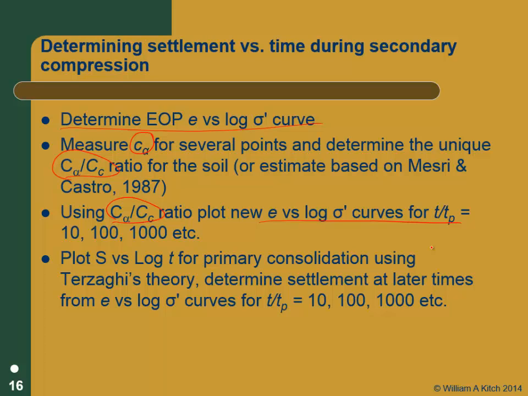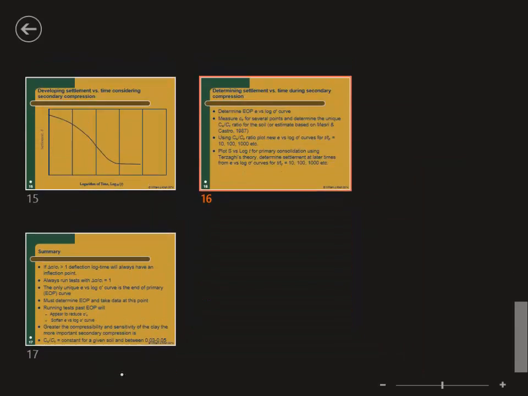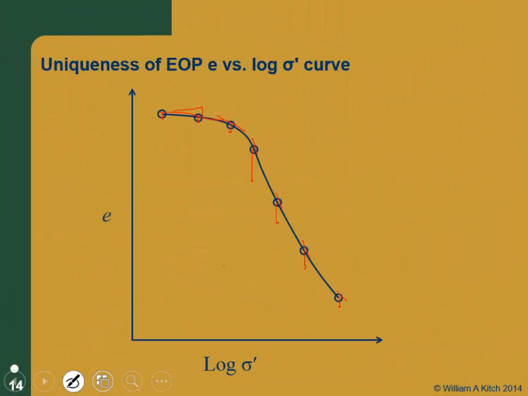And then, so I can come back to my curve here. So I can come back to this curve, and if I know C sub alpha over C sub C, right? If I know this value, and I've calculated my end of primary curve, I can come for a t over t_p equal to 10, in other words, 10 times the end of primary.